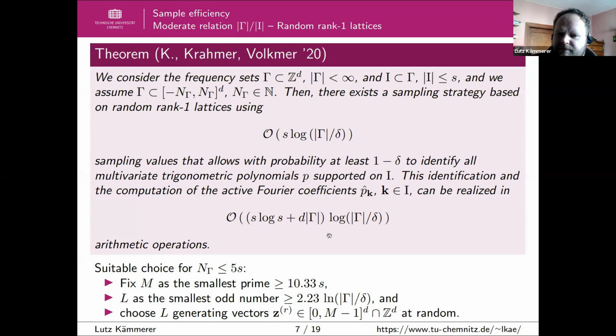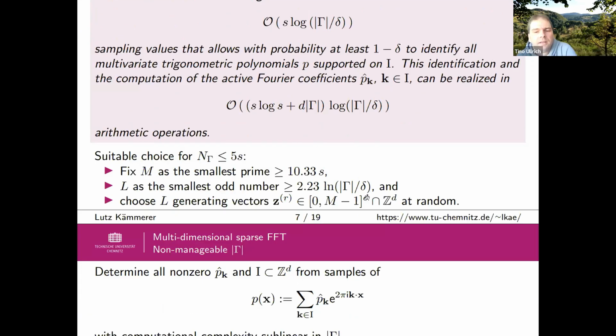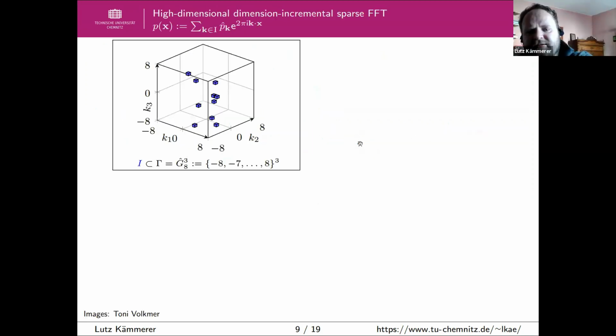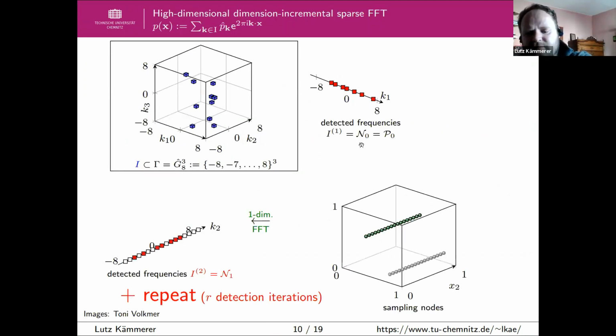That's the point. But here you still have the cardinality of gamma involved, right? Here you have the cardinality of gamma, but in this dimension incremental approach, your candidate set is not the full gamma. It is this pairing thing, right? Okay, I got it. That's the point here, right?